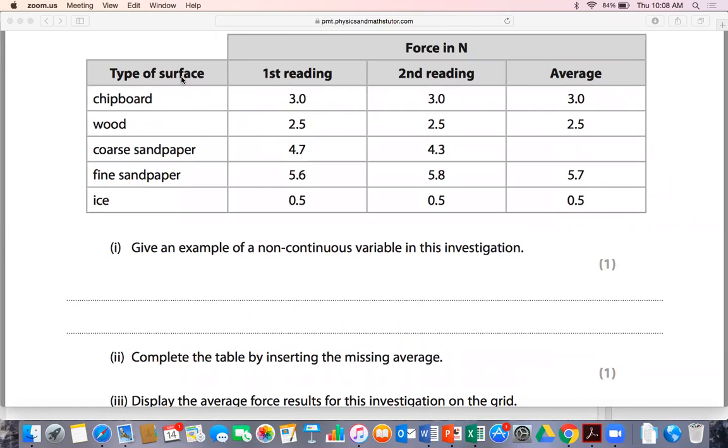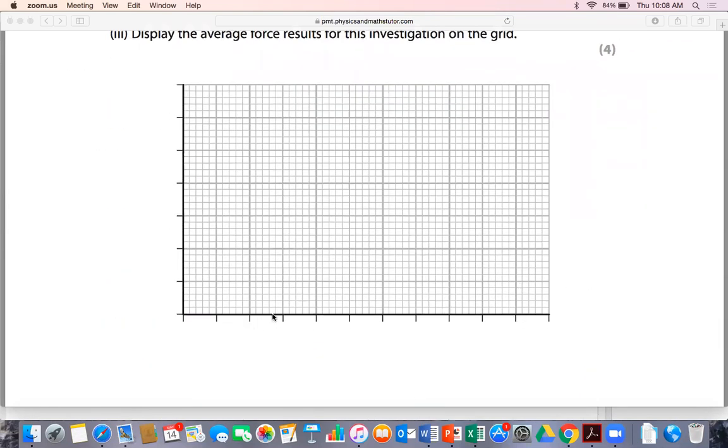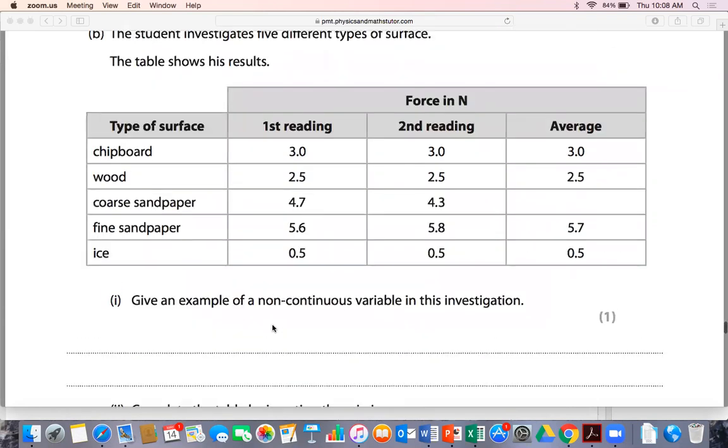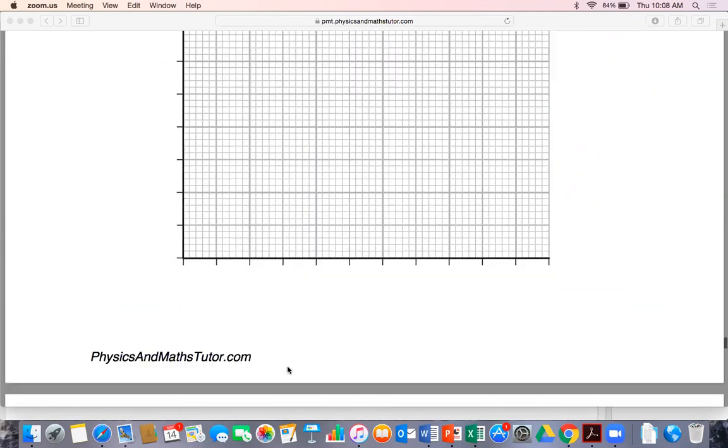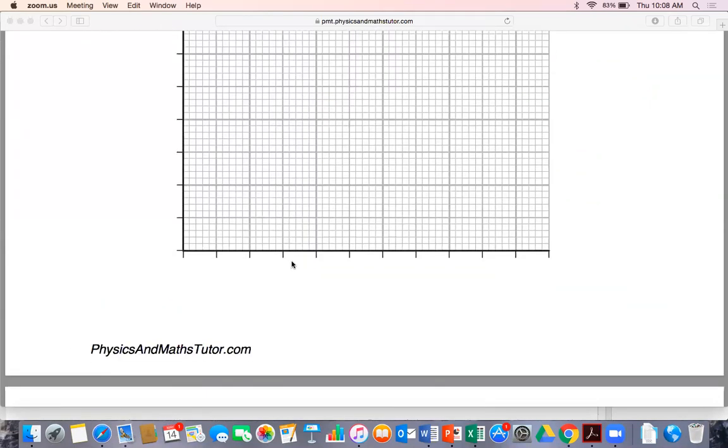Okay, so the type of surface is the manipulated variable, so that is what is going to go here. So you write down here chipboard, wood, and so on. You don't have to write down the whole thing. You can just write C for chipboard, W for wood, and just put the initials. And then you want to draw a bar graph, because these are not numbers at the bottom. These are different kinds of surface.